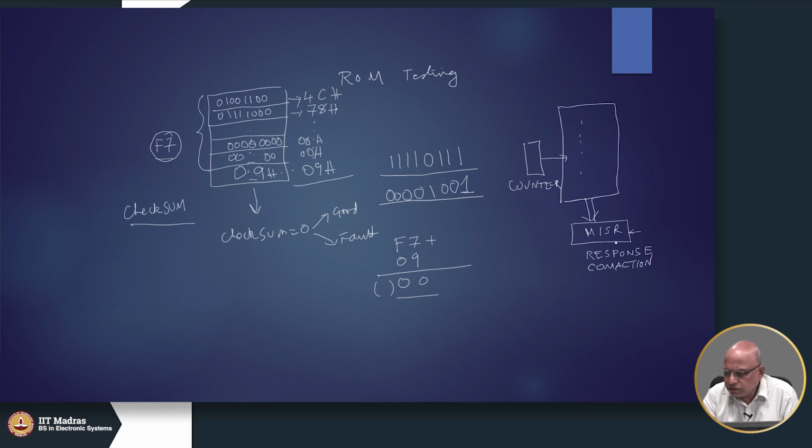So, we will get a signature and that signature will be unique to each ROM. So, we can pre-calculate this signature through simulation, and if you do not get that signature, then obviously there is some bit error. Okay. So, even the checksum can be thought of as a form of response compaction.